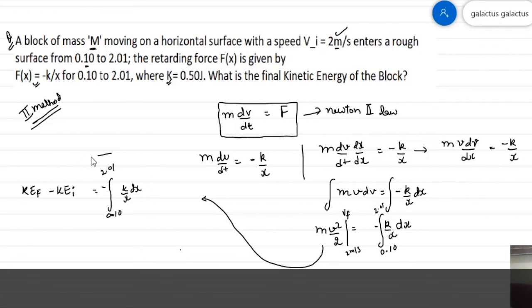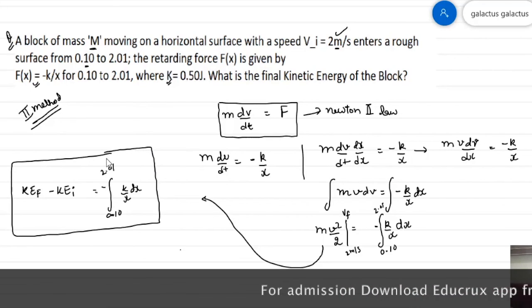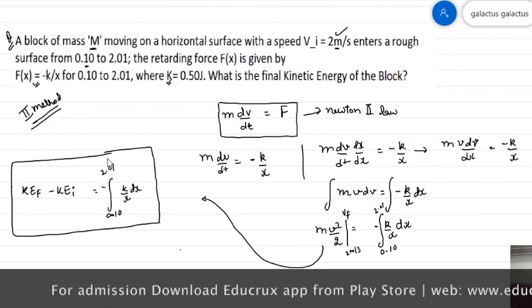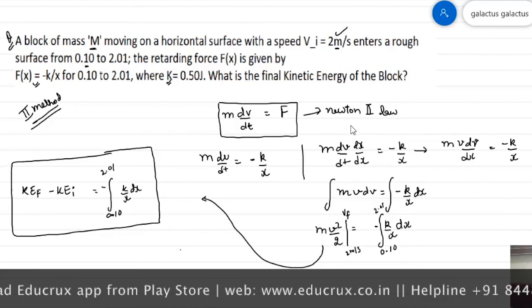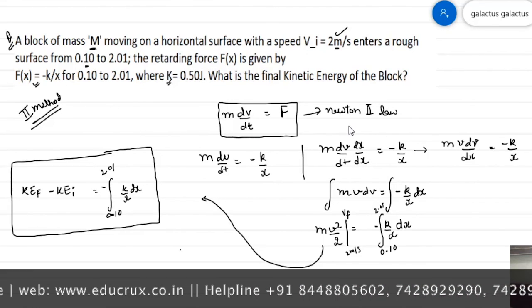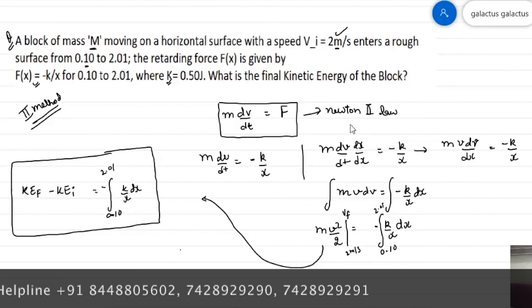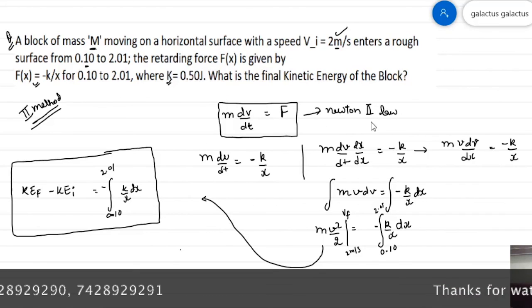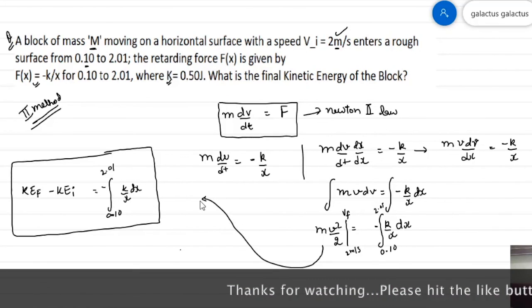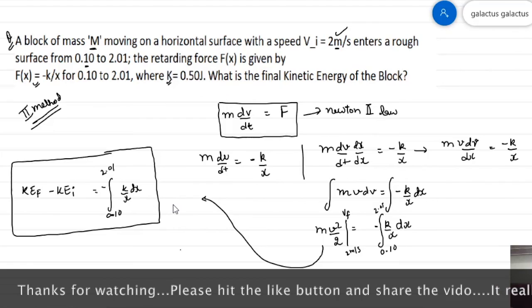So again we see that we have just got the work energy theorem by using Newton's second law. Even from using Newton's second law, we got the same structure, that is the work energy theorem.